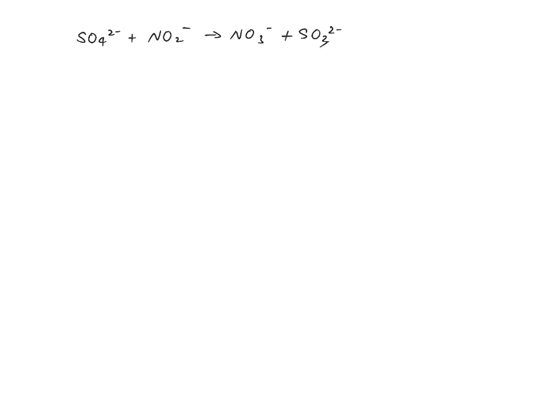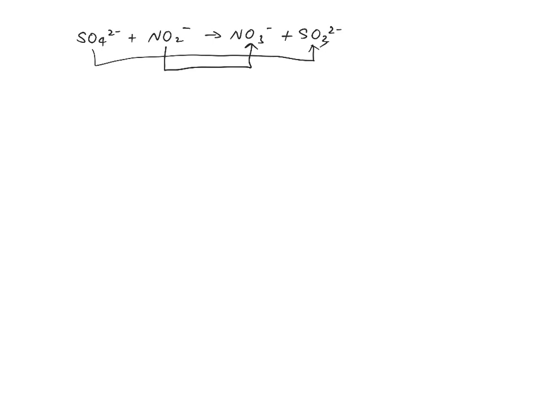Okay, this is a redox reaction, and you can see sulfate is changing into sulfite, and nitrite is changing into nitrate. Okay, it looks like one oxygen actually changed hand.